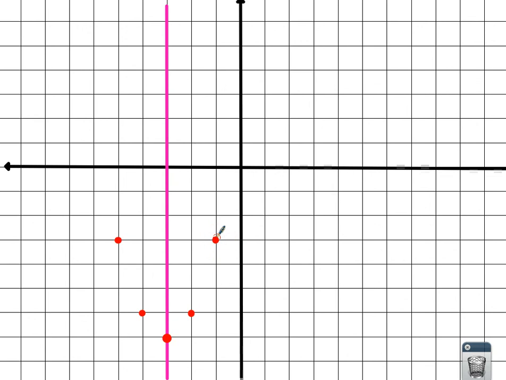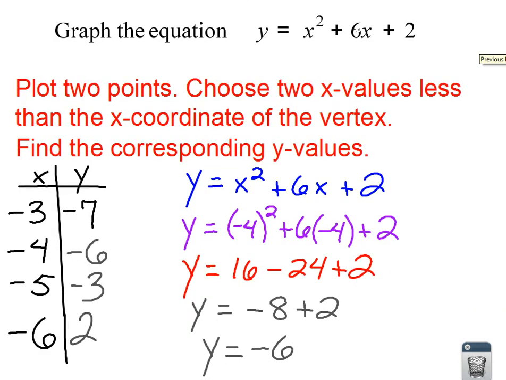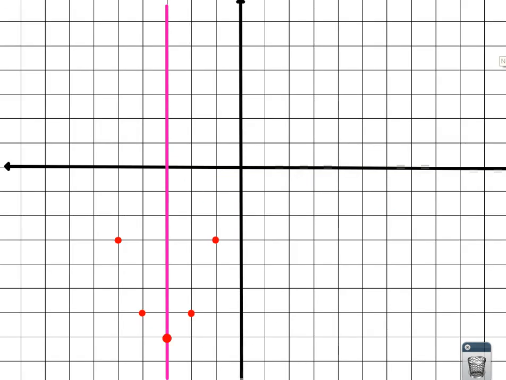And now for a little bit more accuracy, let's go ahead and plot the point -6, 2. So we go 1, 2, 3, 4, 5, 6, 1, 2. And then from this axis of symmetry, we go 1, 2, 3, 1, 2, 3. And now you get to do a little freehanding with the parabola.